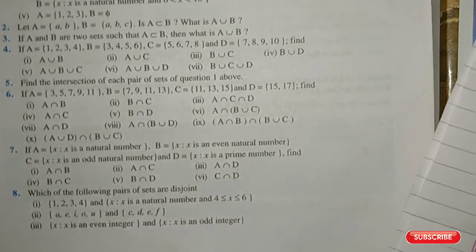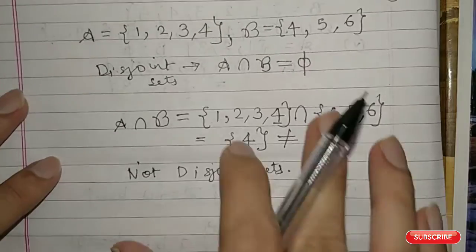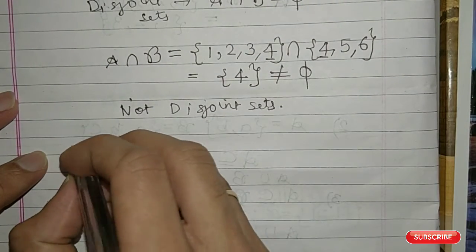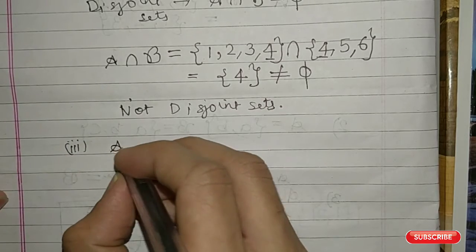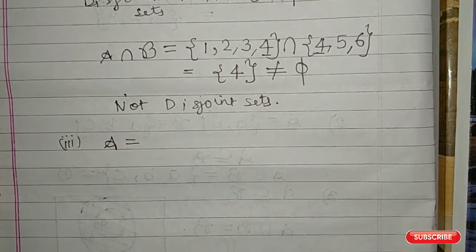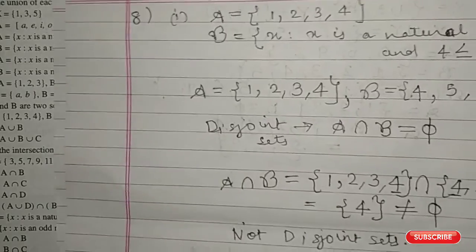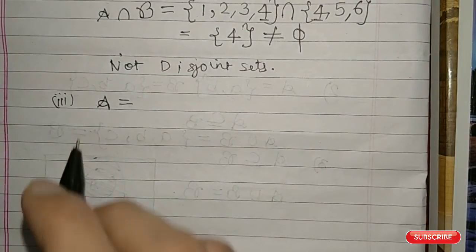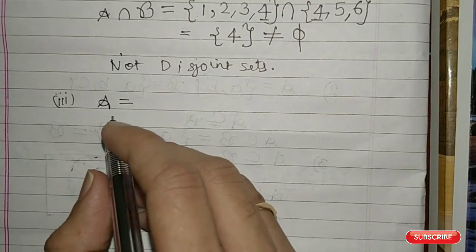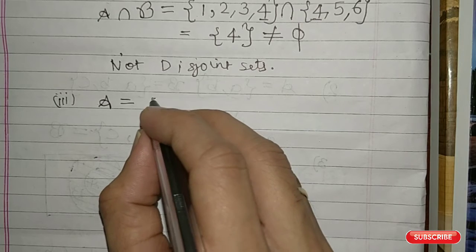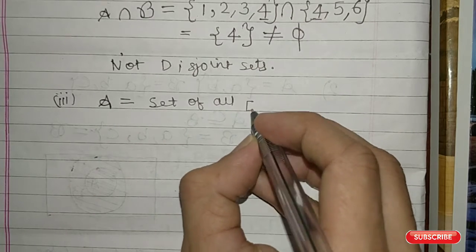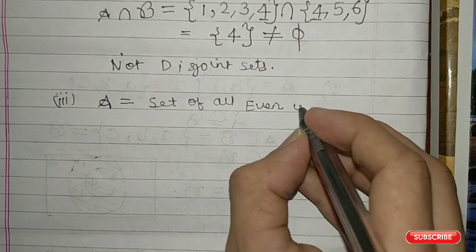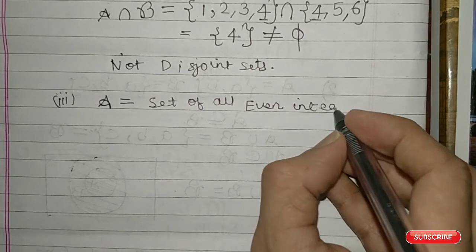In the third problem of the 8th problem, there are no names for the sets, so let us take the first set as A. It is nothing but the set of all even integers.